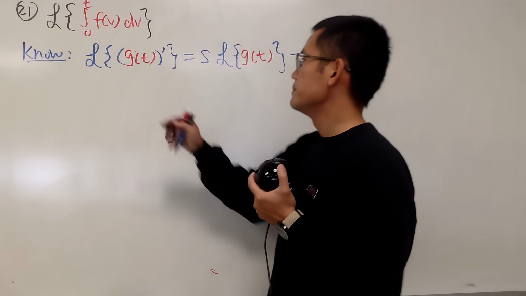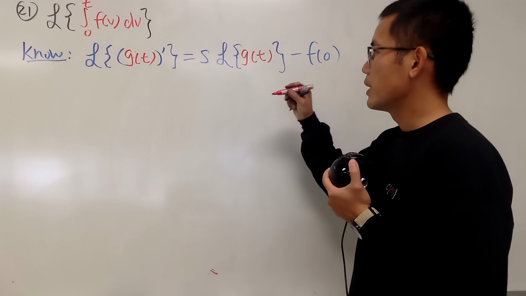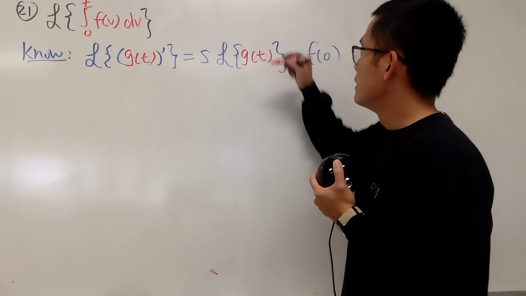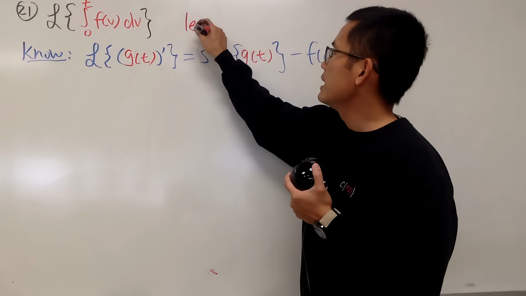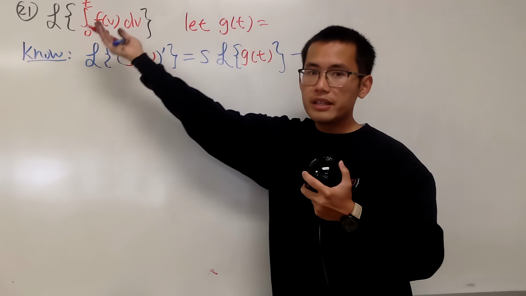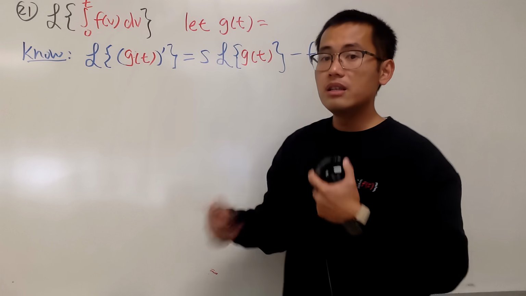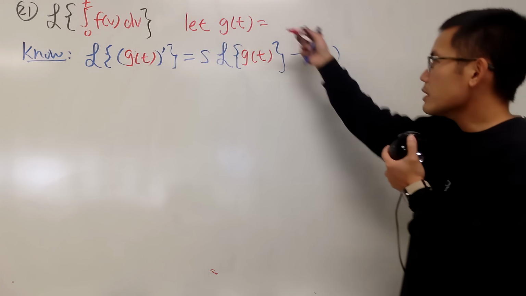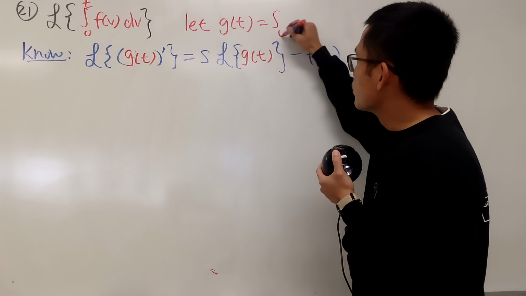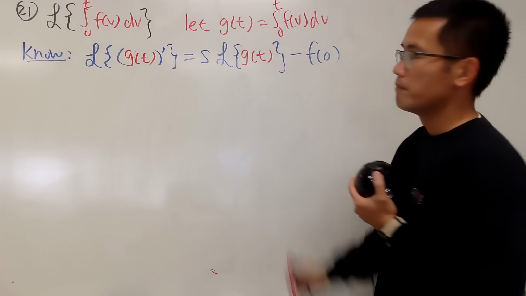So that's why I'm using g. So in this case, I'll just say let g of t be that. And again, you integrate whatever little f is, plug in 0, plug in t, the output is with t. So g of t, and you get the integral from 0 to t, f of v dv.